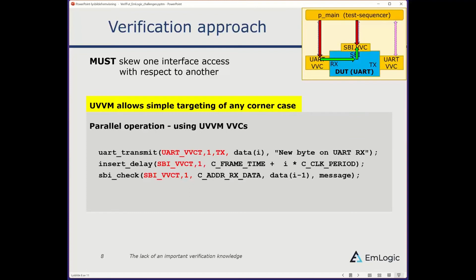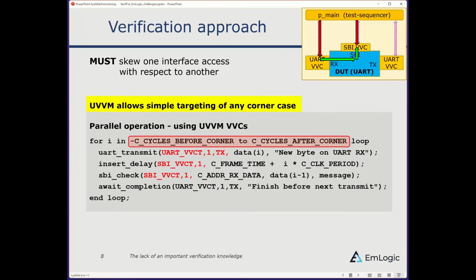But the good thing about doing this in parallel is that you can do the UART transmit and SPI checks at the same time, or you can do as shown here, insert a delay so you can skew these interface accesses with respect to each other. At the end of this sequence, you can just await completion. That basically means that I'm now waiting until the UART transmission is completed before doing the next transmit.